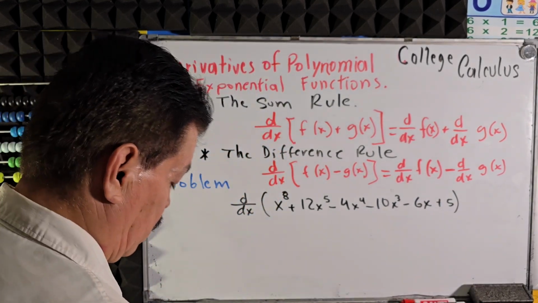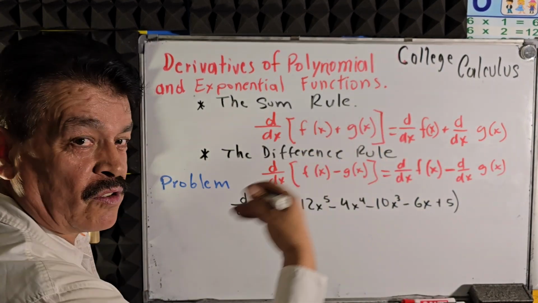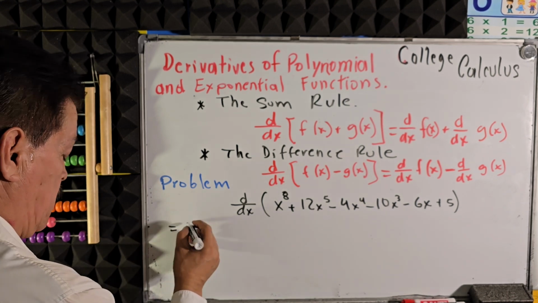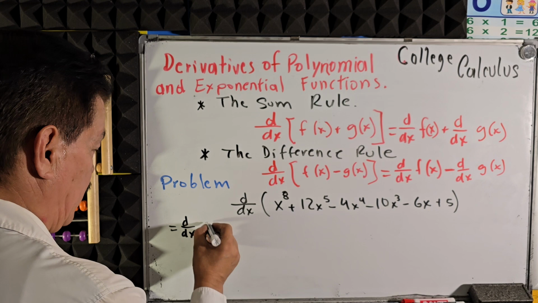So this is addition. We just have to add everything together. Like in the first one, just write it one by one by one. So this will be equals here. Let's write d divided by dx here.